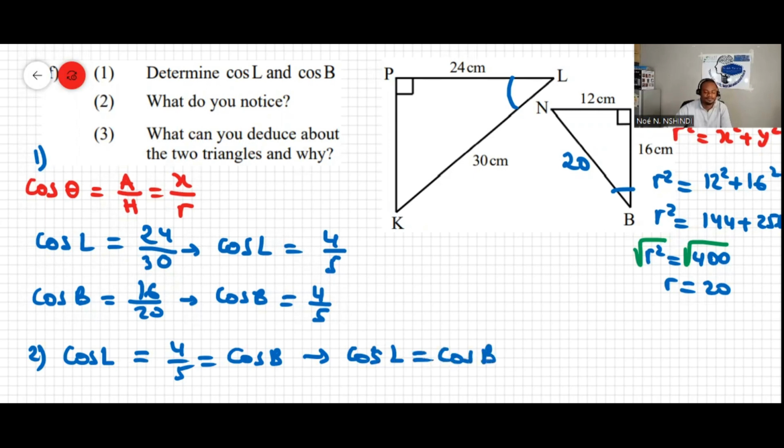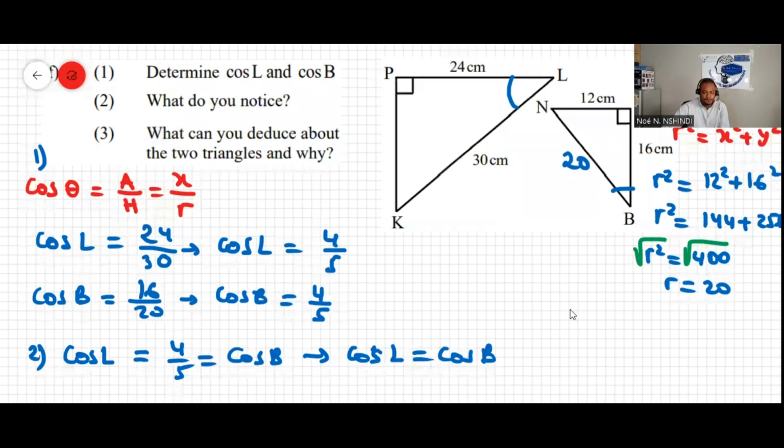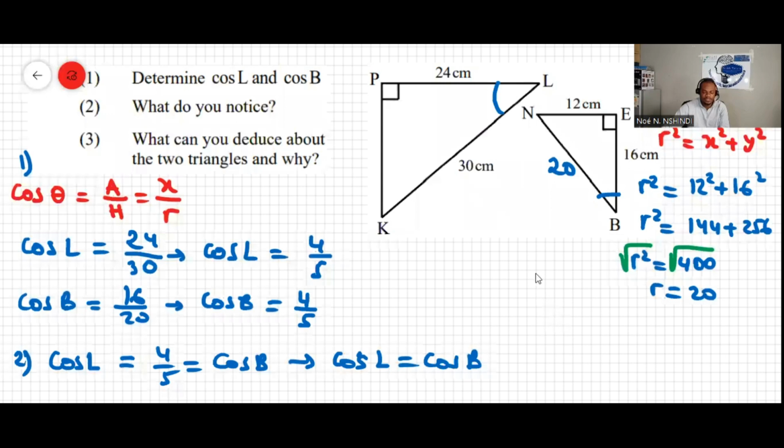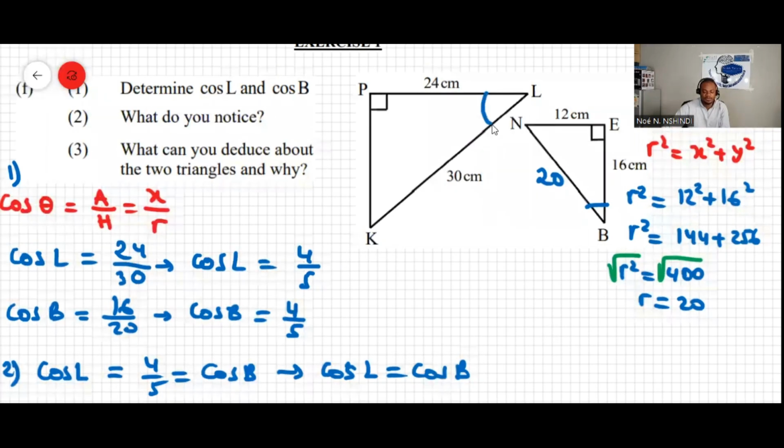That's what you notice. Now the question says, what can you deduce about the two triangles and why? When I look here, this angle and that angle are equal, and they both are right angle triangles.